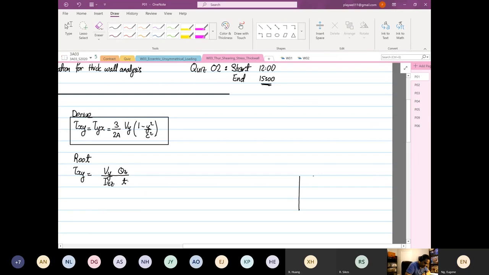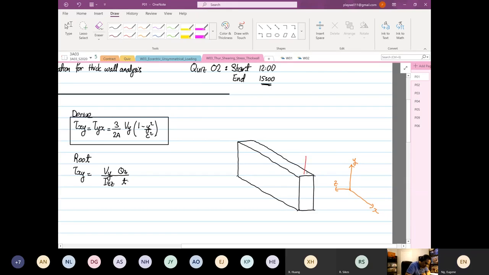This is our beam, and this is our transformation: this is our Y, this direction is Z, and coming down is our X. The shear force is applied coming down vertically. So this is your Vy.